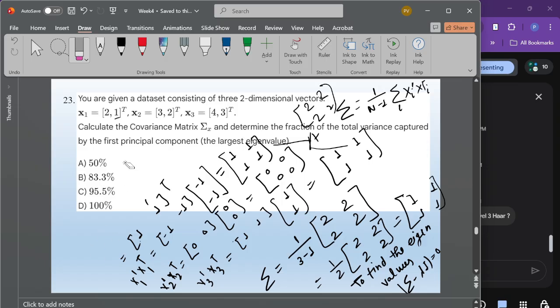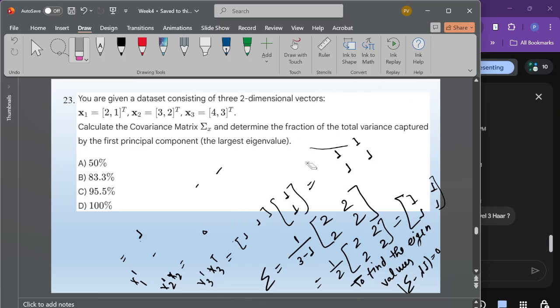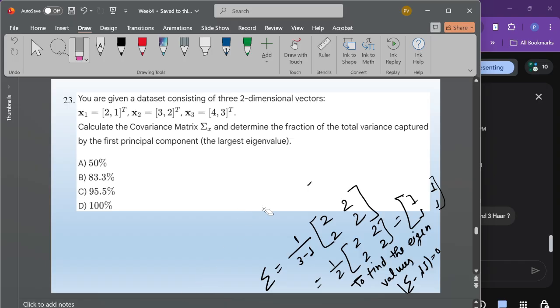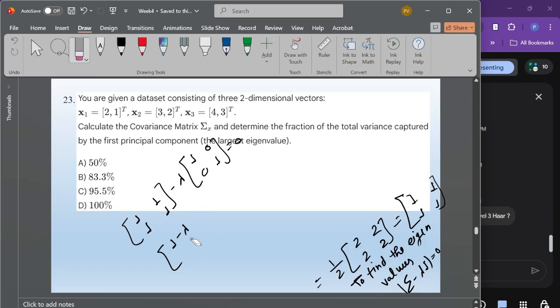We have already calculated all those things, so our final matrix is this covariance matrix 1 1 1 1 minus lambda times 1 0 0 1 equal to 0. So the overall matrix we have got is 1 minus lambda, 1, 1, 1 minus lambda.